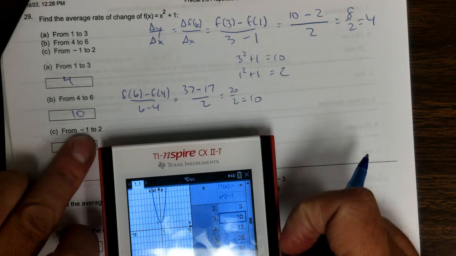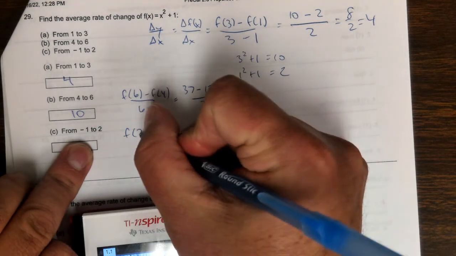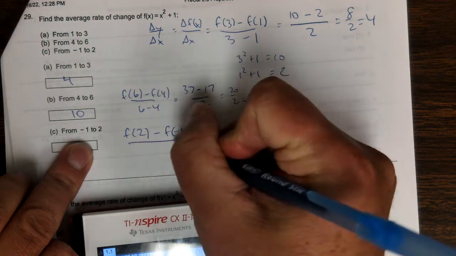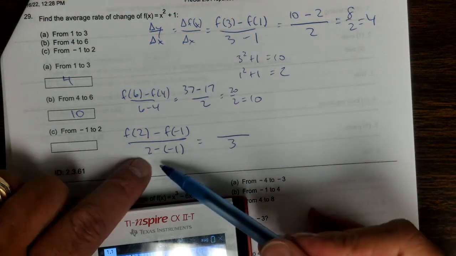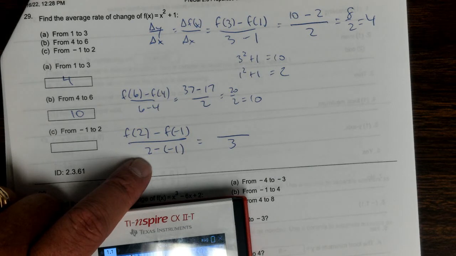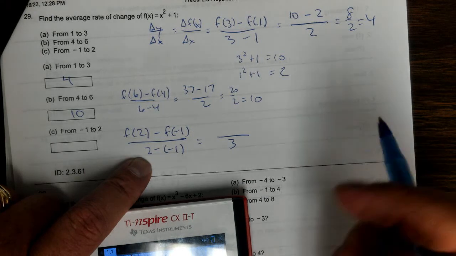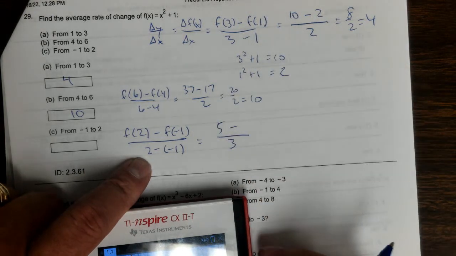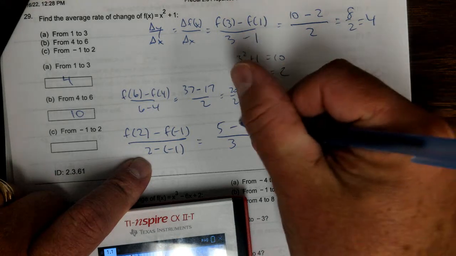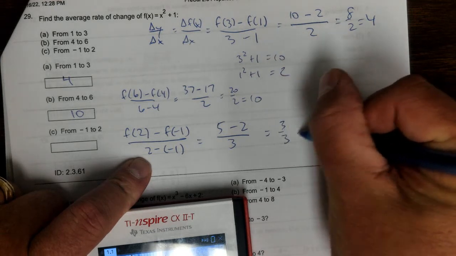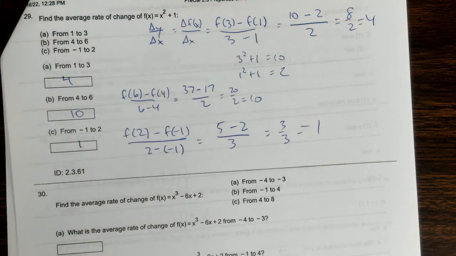Now from negative 1 to 2, f of 2 minus f of negative 1 over 2 minus negative 1, which is 3. This is like 2 plus 1, so that's why you change it to 3. And f of 2 is 5, and f of negative 1 is 2, so you get 3/3, which is 1. So 4, 10, 1 for that one.